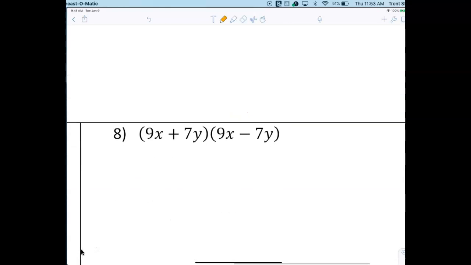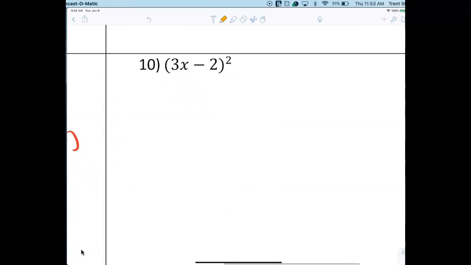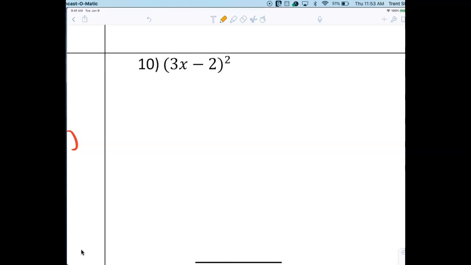Now I want to jump to number 10. On number 10 it says 3x minus 2 squared. So this is going to be written as 3x minus 2 times 3x minus 2. Let's take a look at that now. What's 3x times 3x? 9x squared.